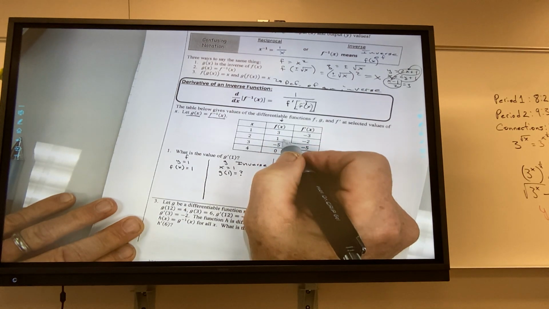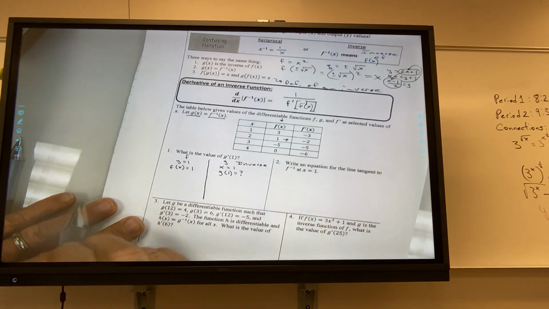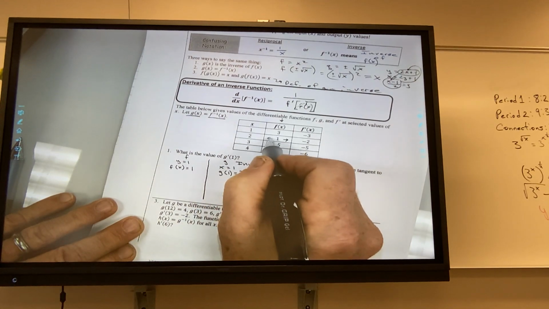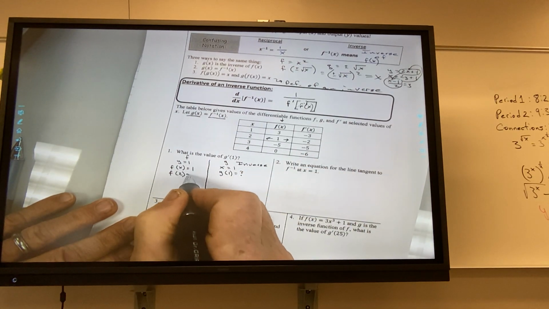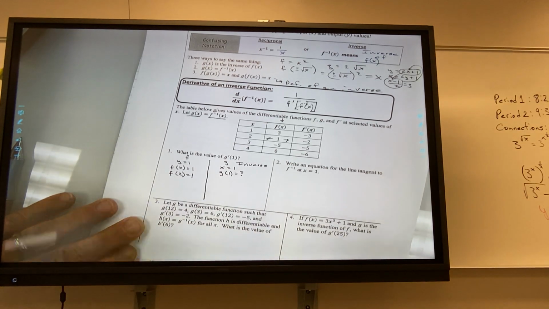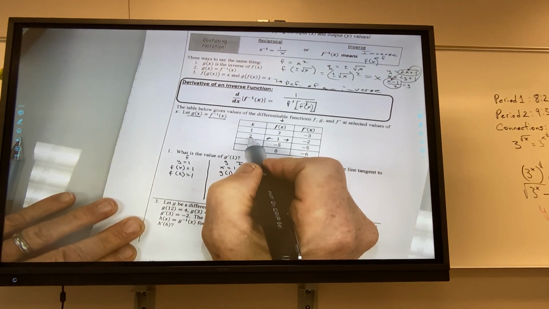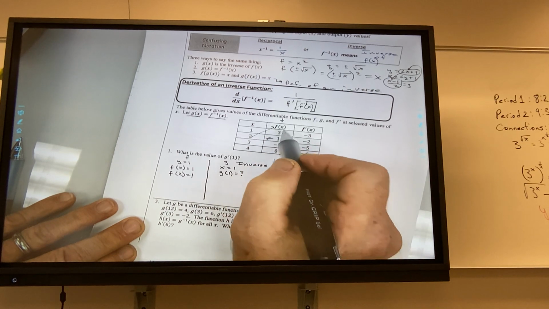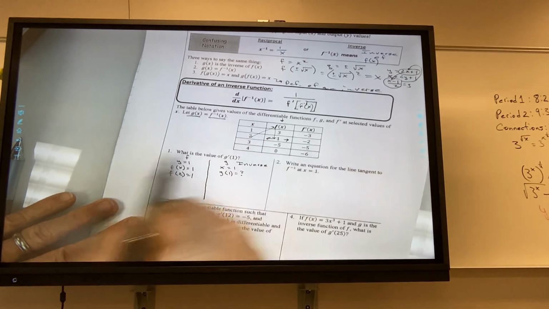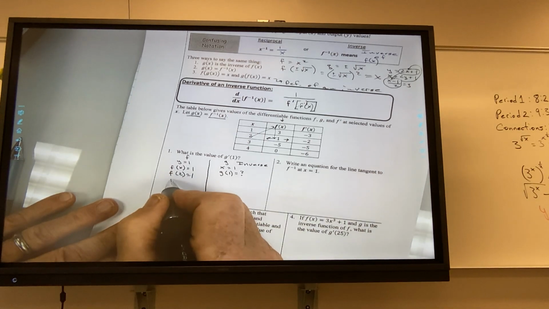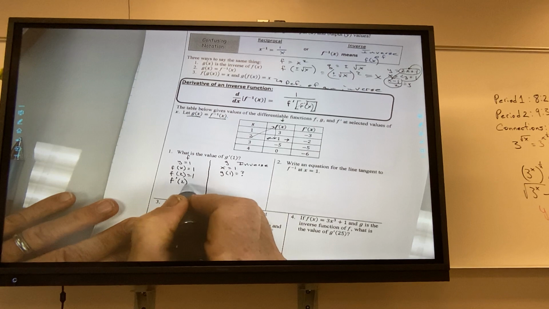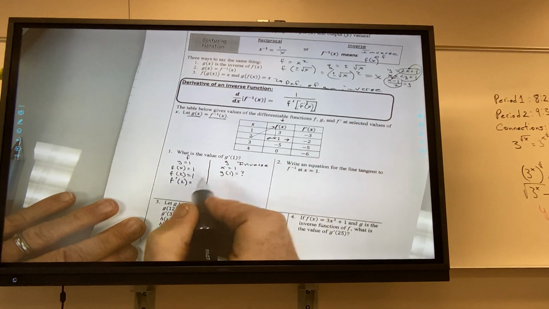I look to see where I got a 1. I have a 1 right here. So f of 2 equals 1. So if I put 2 into f, I'll get 1 as my answer, correct? Then what I do is I say, okay, what's the derivative of 2? The derivative of 2 is a negative 2.